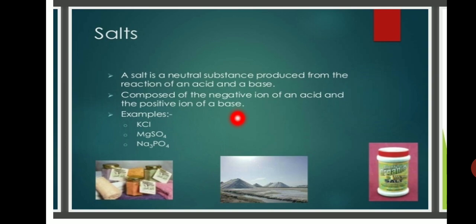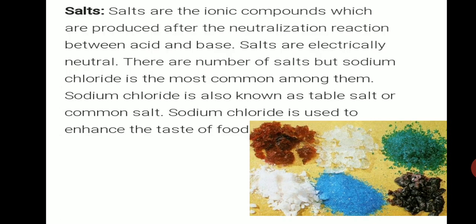We will explain how these salts are formed. Generally we can say that salts are ionic compounds. Why do I say ionic compounds? They are made up of positively charged ions and negatively charged ions. Positively charged ions we generally call cations, as we studied in the 9th standard, and negatively charged ions are called anions.